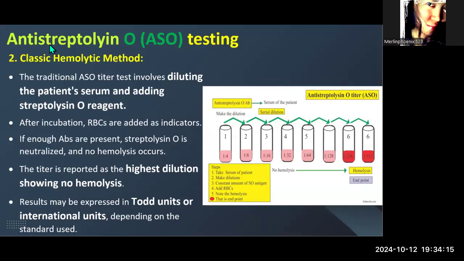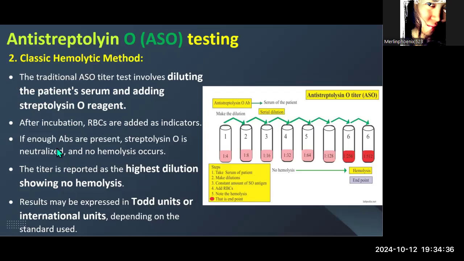So, the classic hemolytic method for ASO testing, sorry guys for this typo error. The traditional ASO titer test involves diluting the patient's serum and adding streptolysin O reagent. After incubation, the RBCs are added as indicators.